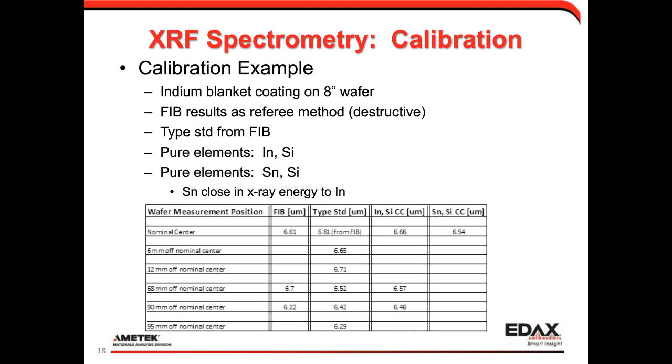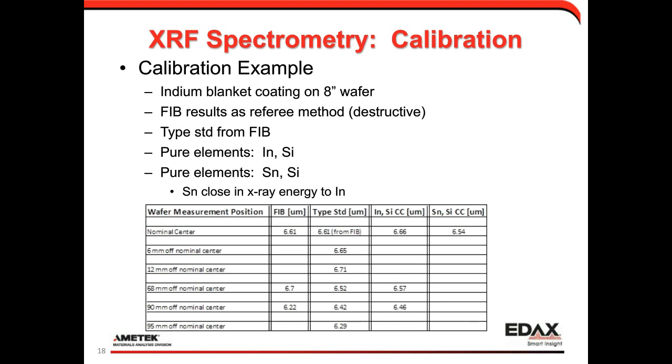Okay, so what I thought I'd show you here is an example of a calibration for a very simple coating. We had a blanket coating of indium on an 8-inch wafer. The deposition process for this masks off the outer couple of millimeters of the wafer. The idea was to look at the wafer and see how homogeneous the coating is.